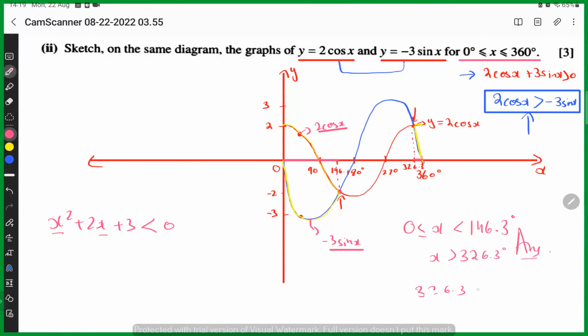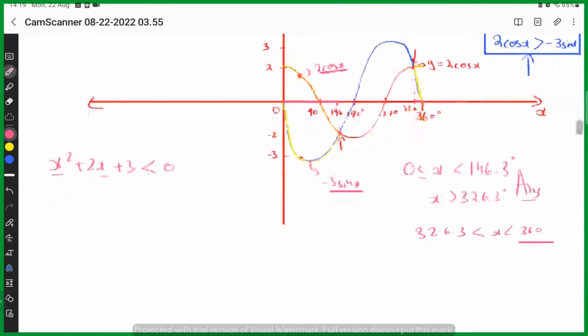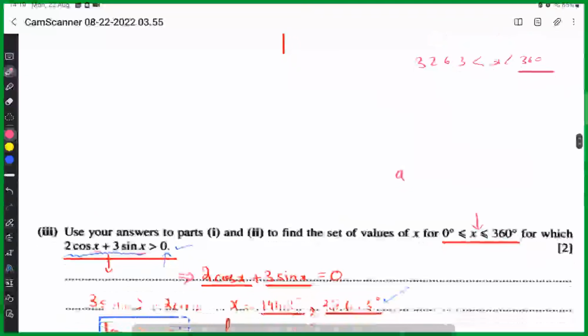326.3, this and this. But I'll tell you the issue. The issue would be that even if you exceed 360, things are similar. That is one issue, but that is irrelevant. The other thing is that it is already known that x is between 0 and 360 degrees. This was mentioned in the second part as well, right?